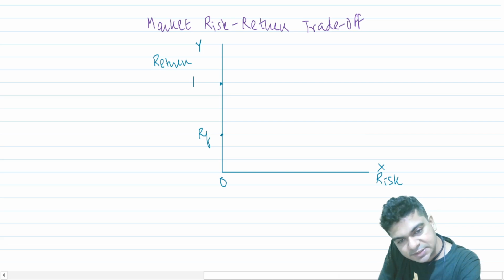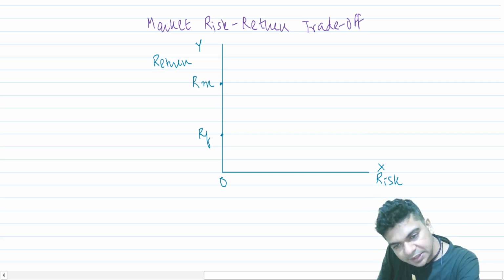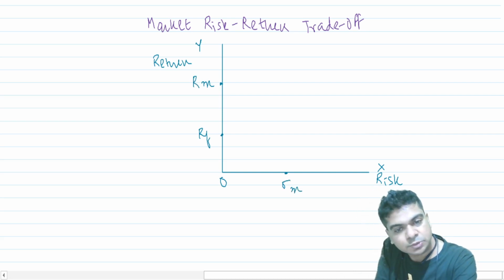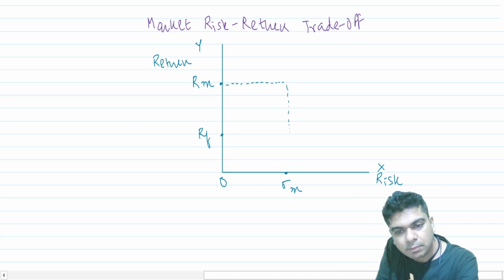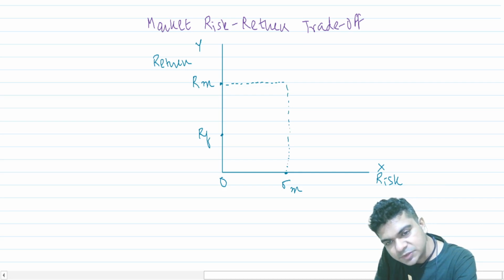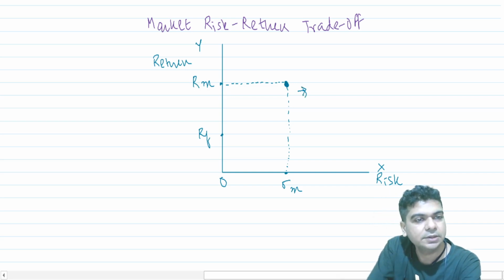So let us say this is RM, the return of the market portfolio. And let us say this is the risk of the market portfolio. So I plot from here, just bear with my graph.